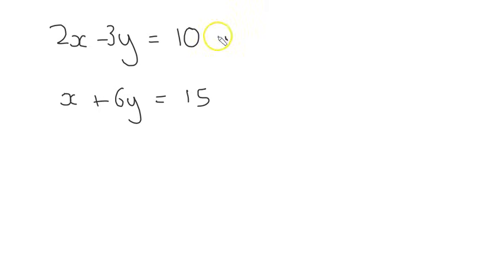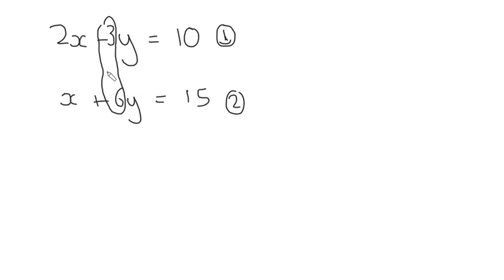However, the problem here is if we were to look at these two equations and, for example, just circle here the 6 and the minus 3y, well, if we were to add or subtract these, we're still going to have y terms and we're still going to have x terms, essentially because the numbers in front of x and y are different. So in previous examples, we always had the same numbers in front of y or x, but in this case, because they're different, we can't just add or subtract to start with.